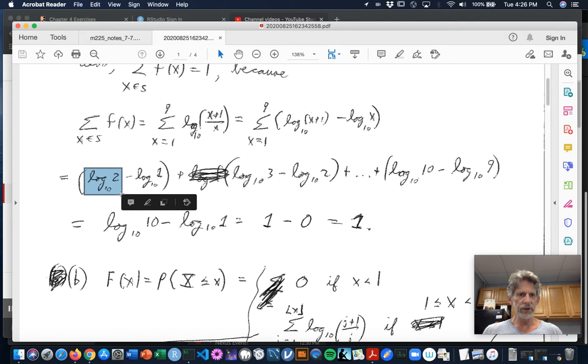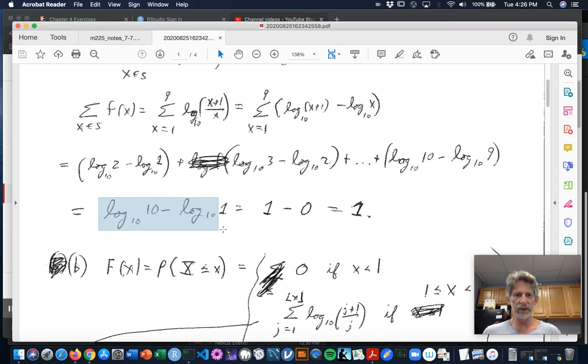The first part of one term will cancel with the second part of the term beyond it. And the result is that you're only going to be left with the first part of the last term and the last part of the first term. So telescoping sum here.